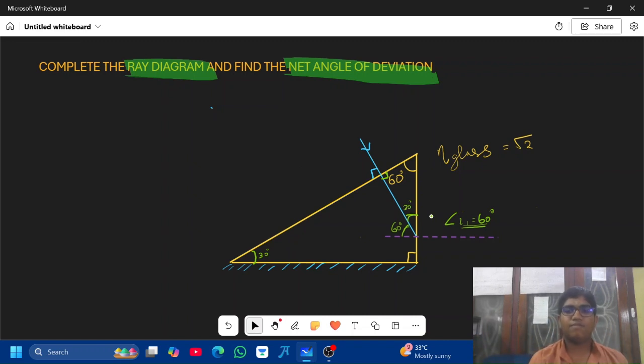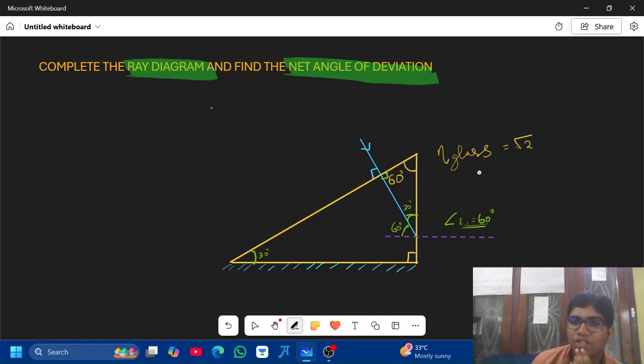When you see the mirror at the base of the prism, we understand it is something related to total internal reflection, because only if TIR occurs will the mirror play some part in the question. Now, angle of incidence I1 is 60 degrees inside the prism, and we are given √2 as the refractive index of the glass, so we can calculate the critical angle for the prism, and if angle of incidence I1 is greater than that critical angle, total internal reflection will occur.